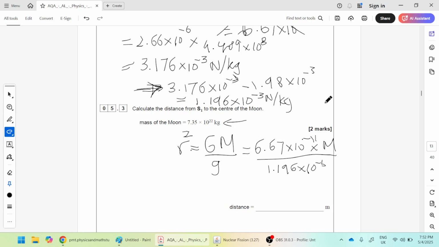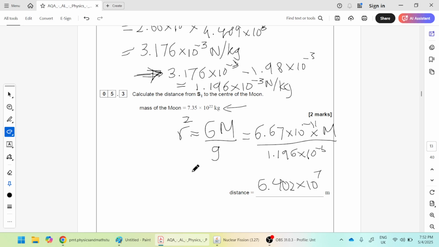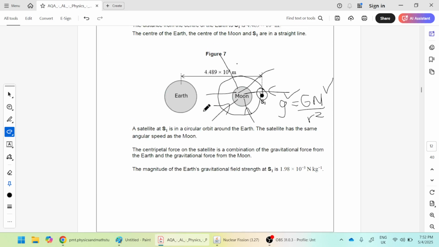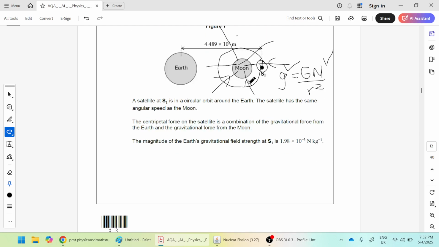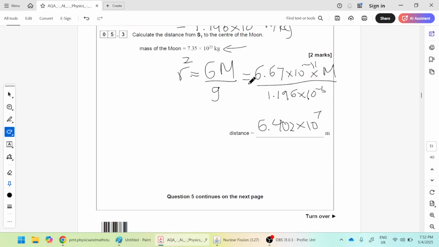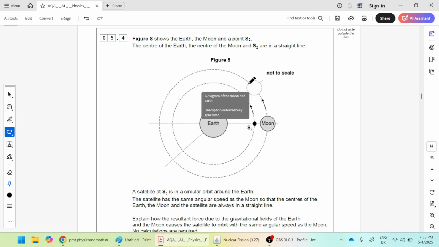I'm going to put some more significant figures. To the power 7. Yes. Does that make sense? To the power 8 compared with that, this is 10 to the power 7. Sort of makes sense, yeah. You can check with the mark scheme later.